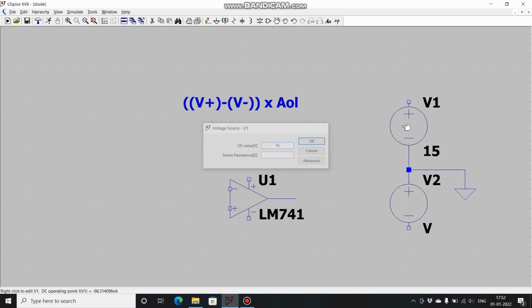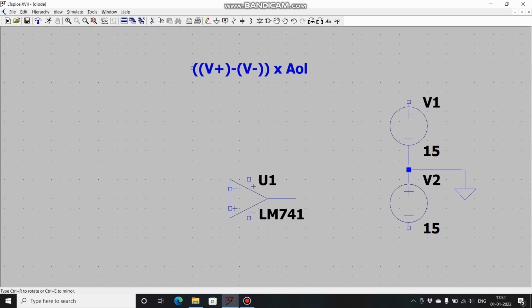This is 15 volts. This is also 15 volts. And now I can either use net labels to connect these two terminals or I can directly do it with wire. I'm doing it with a wire. So they're connected like this and I'm done.